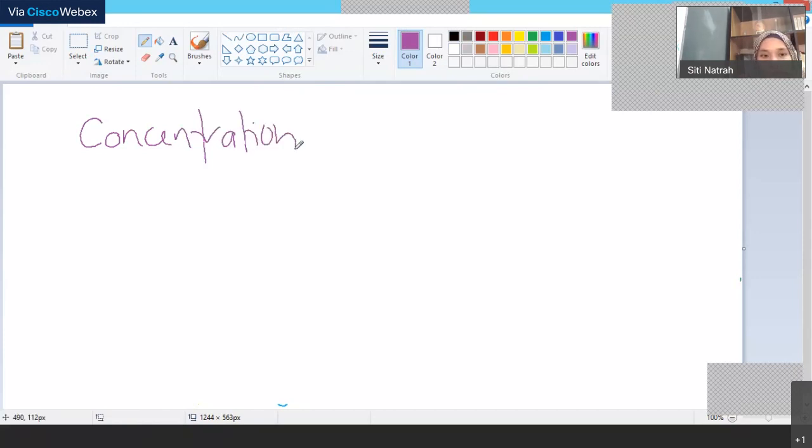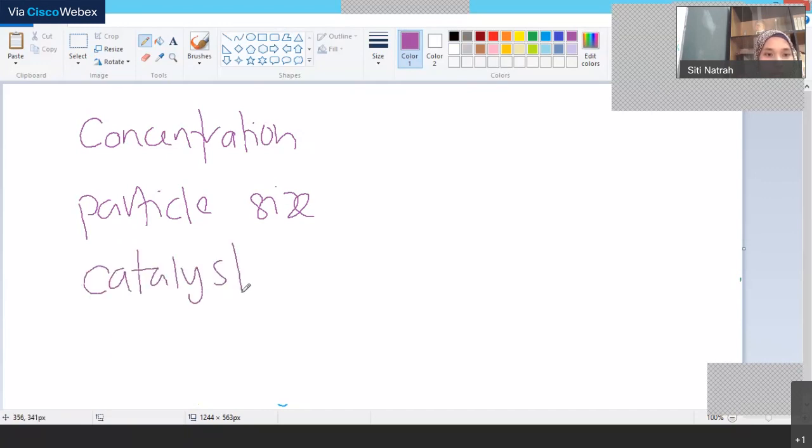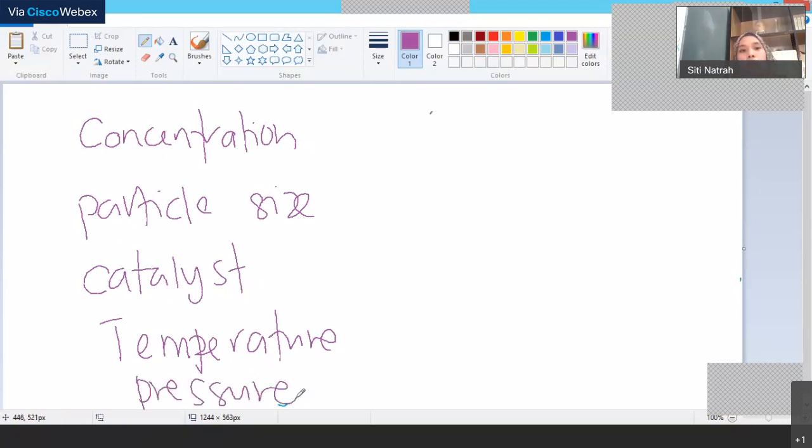We have concentration, we have particle size, catalyst, temperature, and pressure. So concentration, particle size, catalyst, temperature, and pressure.